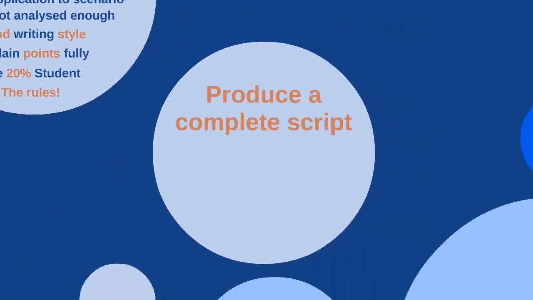You must produce a complete and balanced script. Incomplete scripts are likely to fail. And what I mean by a balanced and complete script is you've attempted every single question. You'd be amazed at the amount of students who do not complete their script.